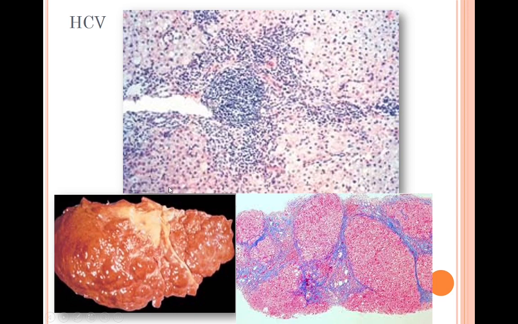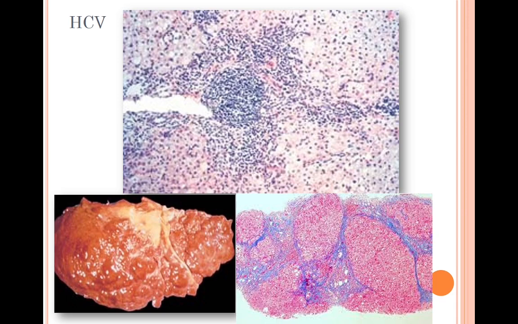So you can see that there's a collection of hepatocytes here trying to regenerate. This is exactly what happens when there is necrosis and then fibrosis sets in. You can see that the surface of the liver is now completely nodular. The whole progression of this pathology is that a line of hepatocytes become necrotic.